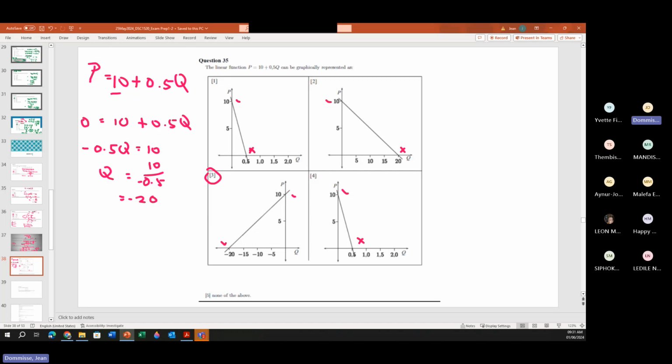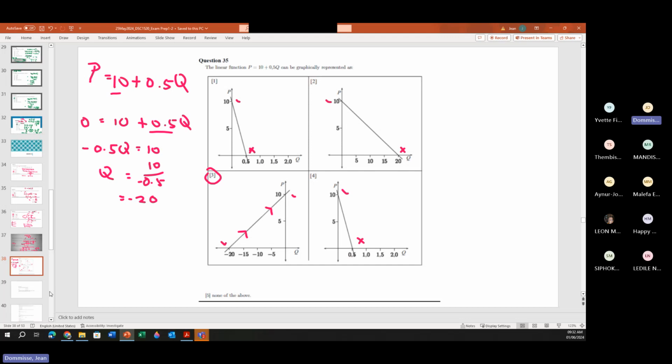Okay, so the slope, if you look at it, the slope is positive. That's why it goes into that. And yes, the slope is also positive.